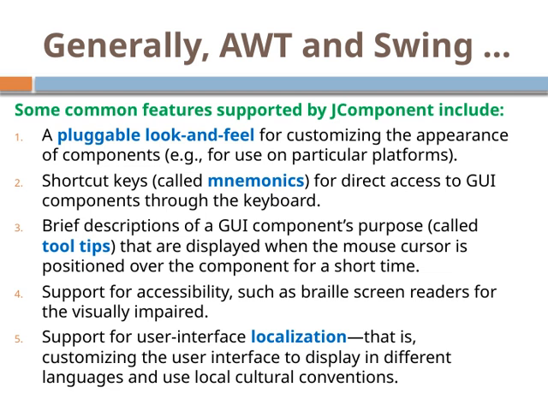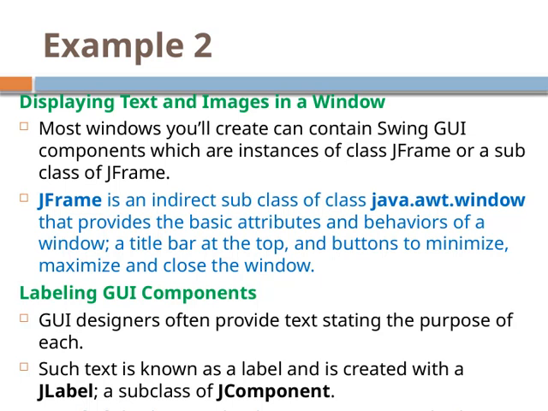All of these features come together to make Swing a powerful toolkit for creating interfaces that are not only functional, but also adaptable and accessible for everyone. Let's take a look at example 2, which focuses on displaying text and images in a window. Most windows you create with Swing will contain GUI components, and these are typically instances of the JFrame class or one of its subclasses.